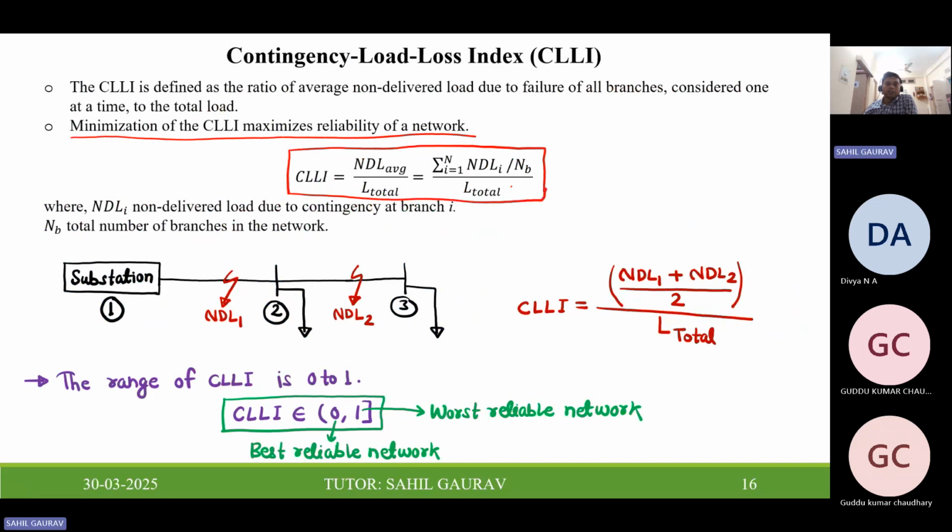So the total load that is feeding through the substation we denote as L total, and NDL average is the non-delivered load due to failure of all branches.